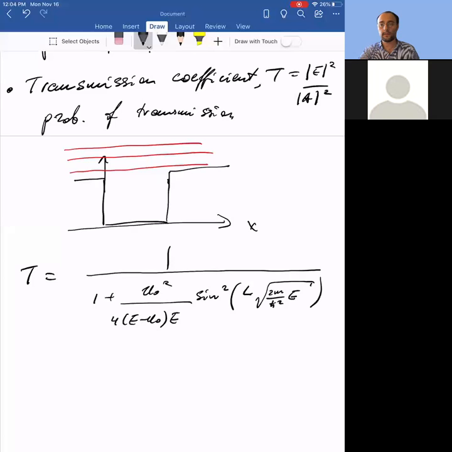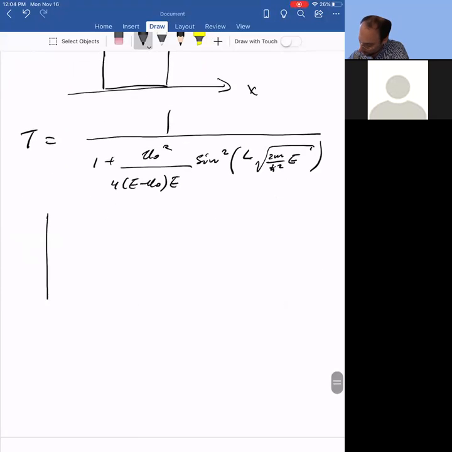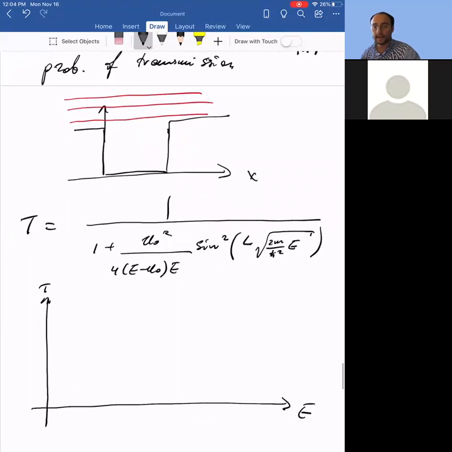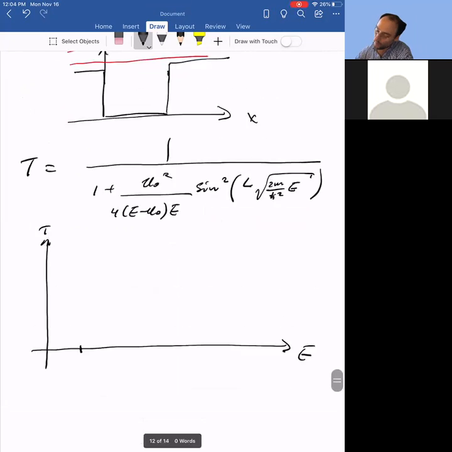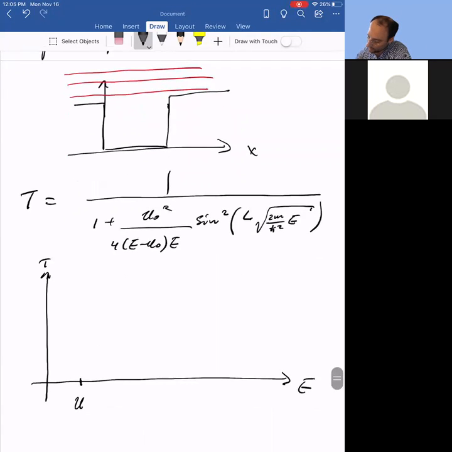Not terribly complicated, but like, what about it? So what I'm going to do is plot the transmission coefficient as a function of E, the total energy of the incoming particle. We are only interested in scattering states.